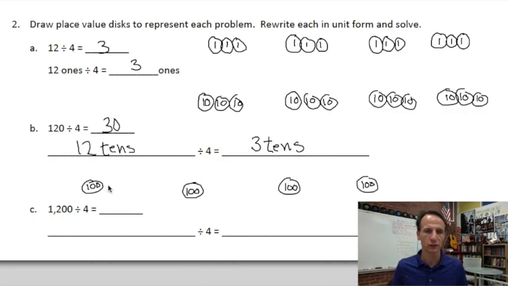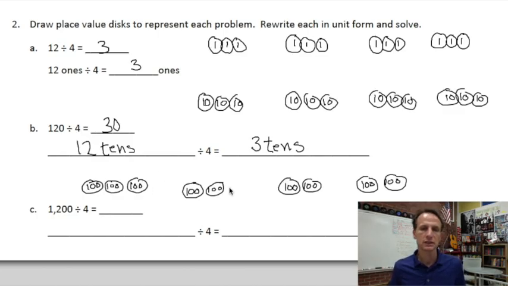I have 12 hundreds. So there's 5 hundreds, 6 hundreds, 7 hundreds, 8 hundreds, 9 hundreds, 10 hundreds, 11 hundreds, and 12 hundreds.